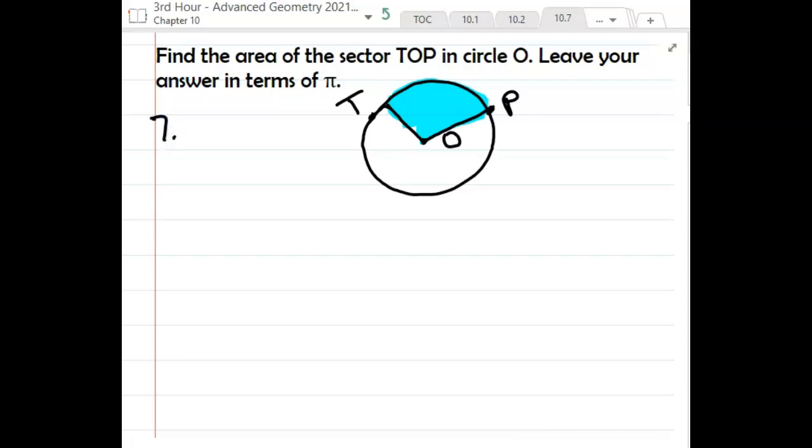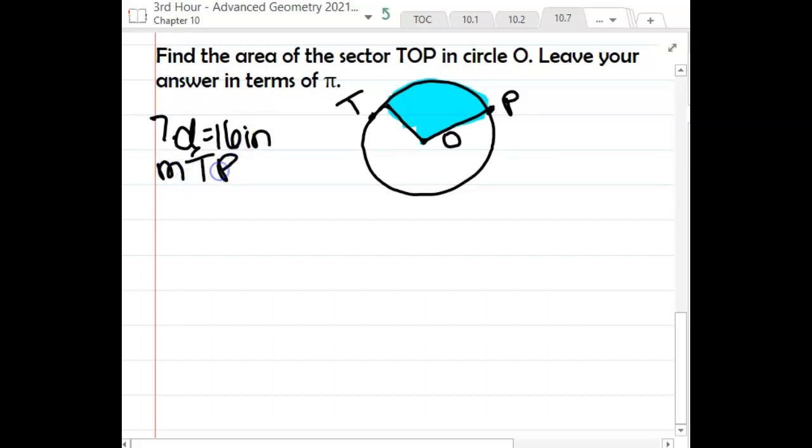So number 7, let's say for this circle we have a diameter of 16 inches. And let's say the measure of arc TP is 135. So if I were to label the circle with that information, we have a diameter of 16, so that means that all the way across is 16 inches.